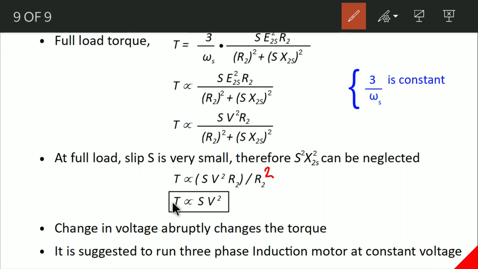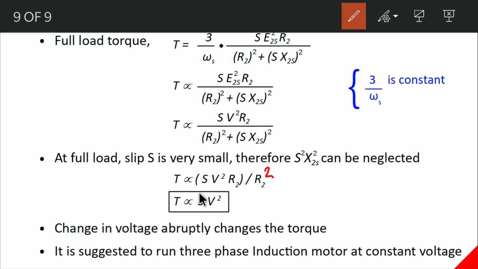Another way we can understand this: if voltage decreases and we are running the motor at the same load, then the requirement of torque is the same. If V decreases, its square becomes a further smaller value. To continue with the same torque, to drive the load of the same torque, if V decreases, S has to be increased.